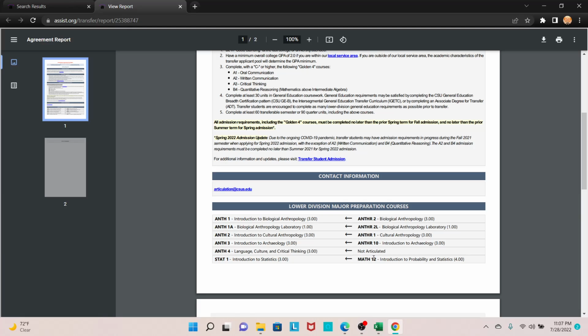Same thing here: Math 12 does look a little out of place since it's not an anthro class, but you can take Math 12 to fulfill the ADT, the Associate's Degree for Transfer, that we were looking at on Delta's side. So it makes sense why it has that here, and that's also Stat 1. Notice that statistics at Delta is 4 units versus statistics at Sac State is 3 units.